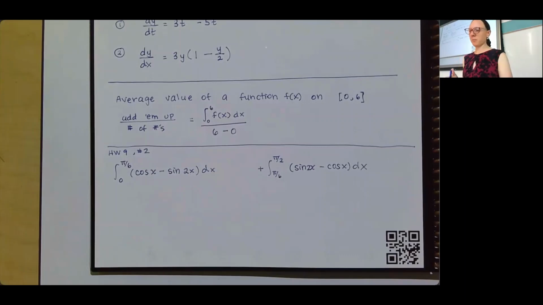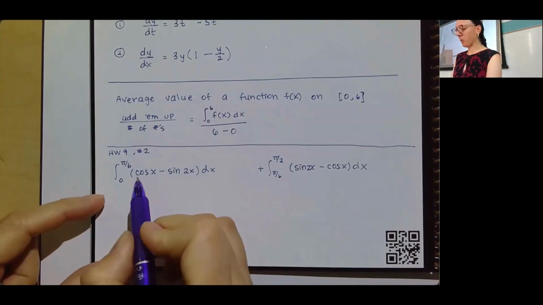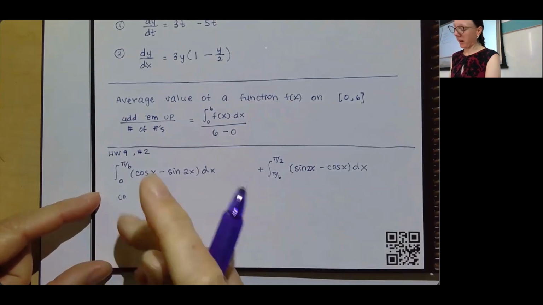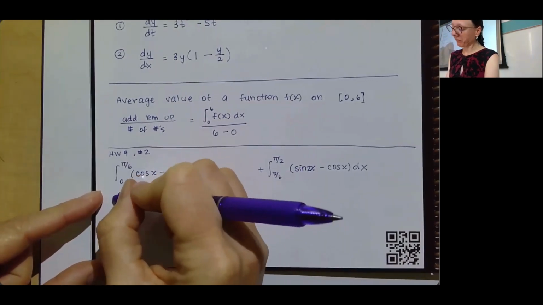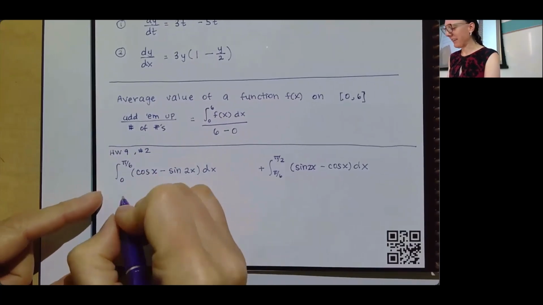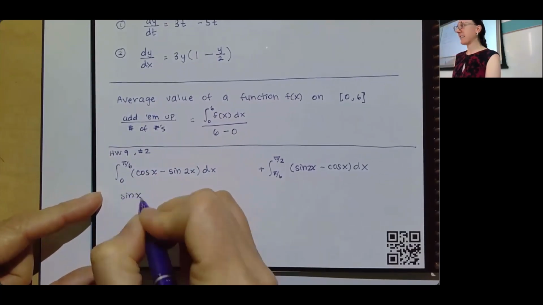I'm going to do this pretty quickly, but when I find that antiderivative, I'm asking myself whose derivative is equal to positive cosine. That's positive sine. The antiderivative of positive cosine is positive sine of x.